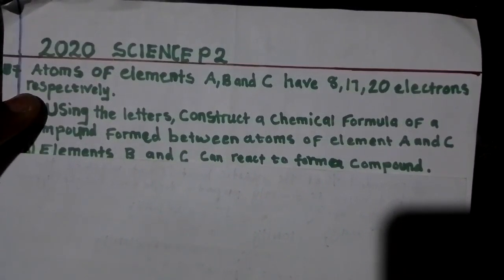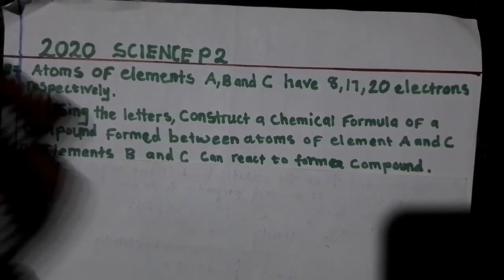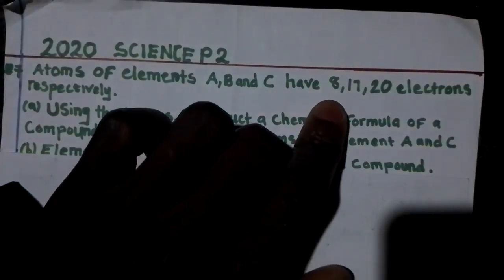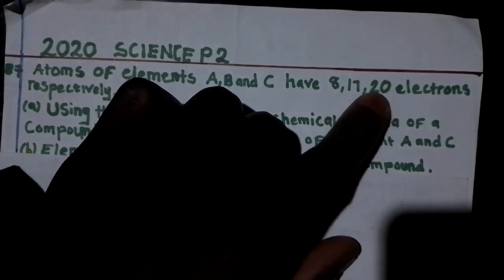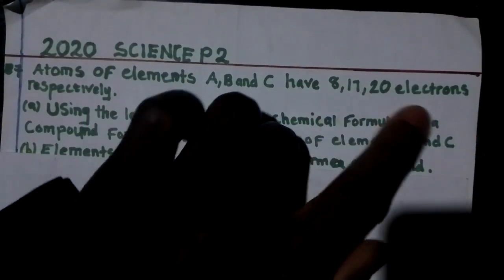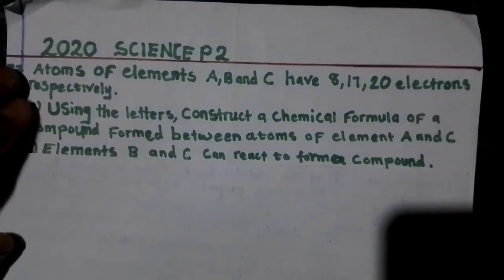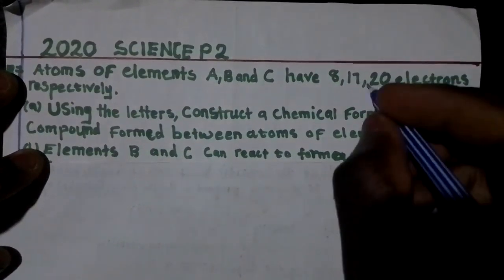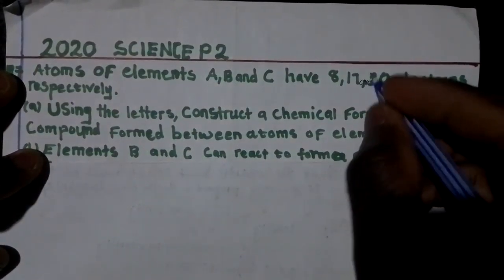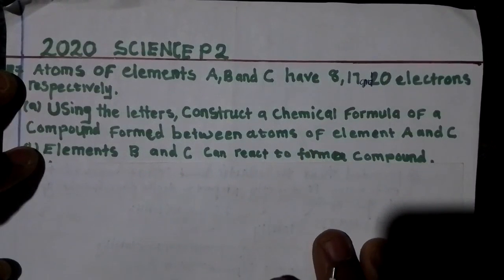So the question is saying atoms of elements A, B, and C have 8, 17, and 20 electrons respectively.